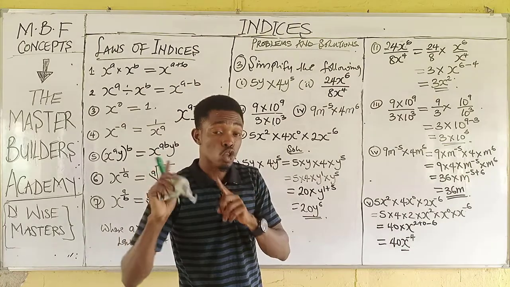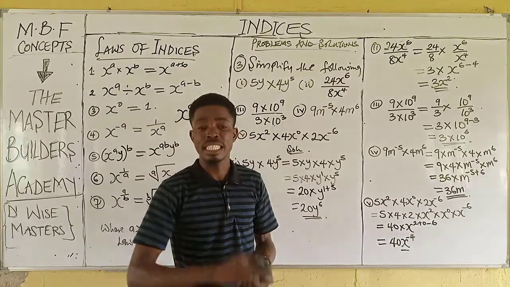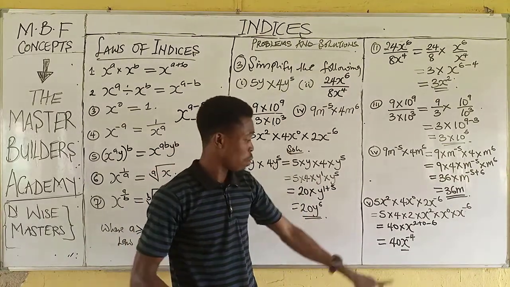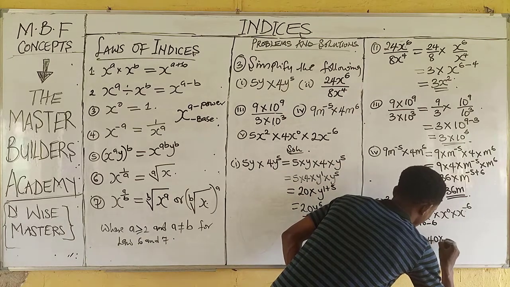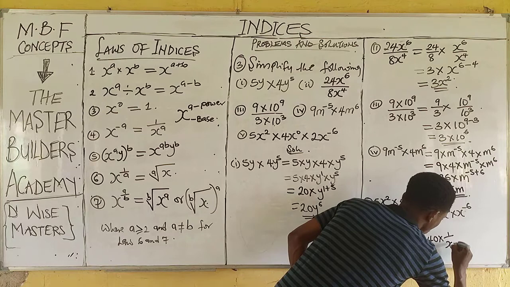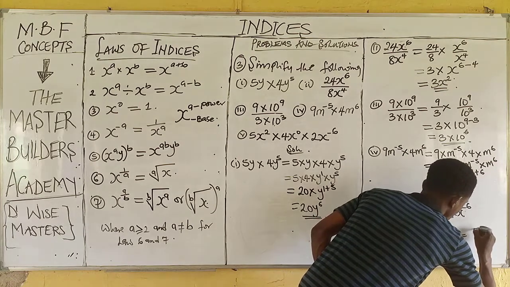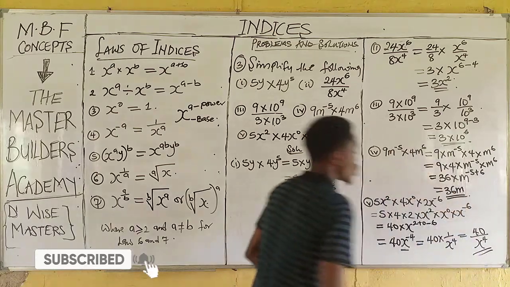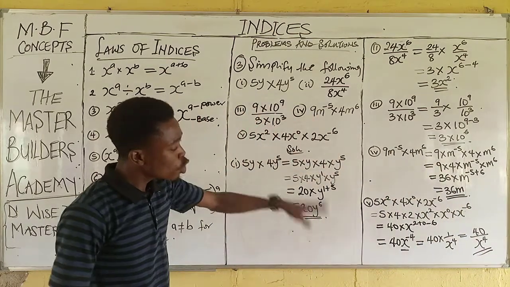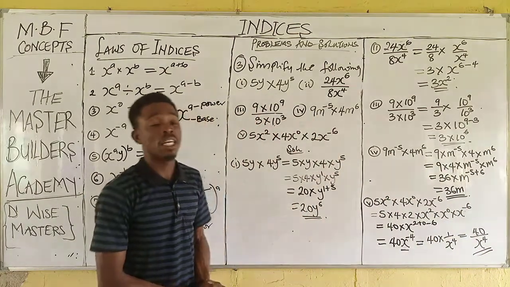We are quickly going to use law 4, which is what? The negative power law. And when we use that law here, we are going to have this as 40 multiplied by 1 over x raised to power 4. And this is giving us 40 over x raised to power 4. So this is the answer to this very set of questions.